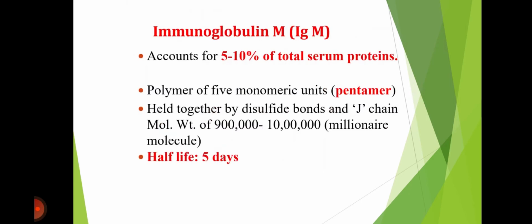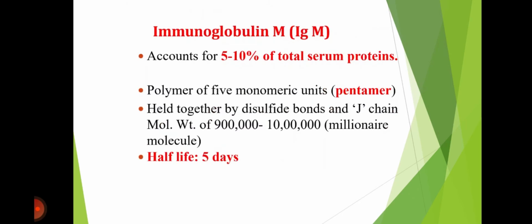Immunoglobulin M accounts for 5 to 10% of total serum proteins. It is a polymer of 5 monomeric units, therefore it is a pentamer, held together by disulfide bond and J chain. The molecular weight of immunoglobulin M is 9 lakh to 10 lakh.